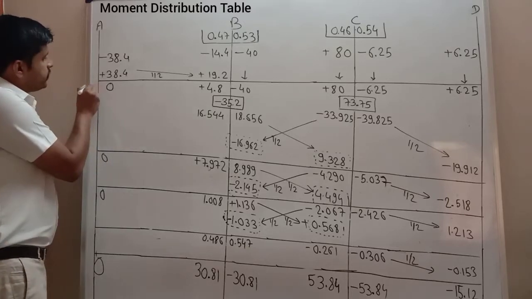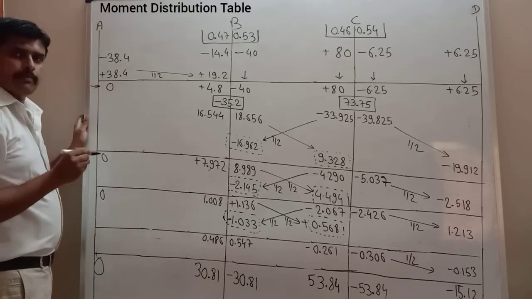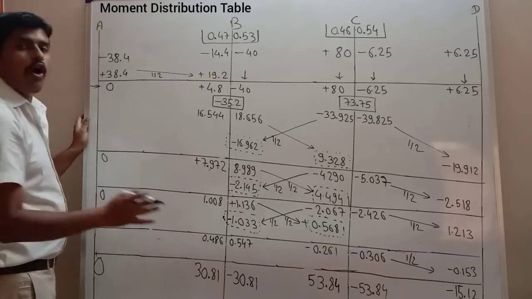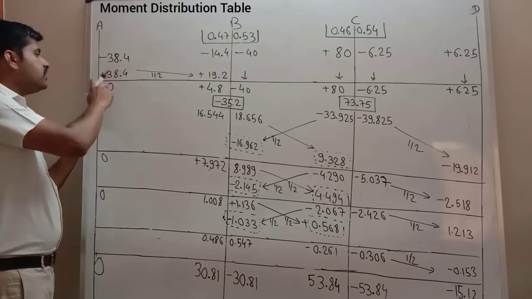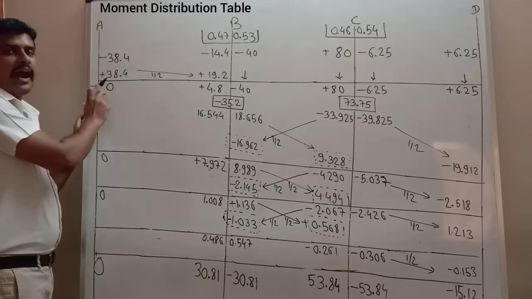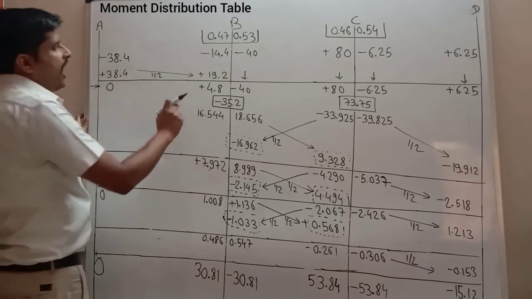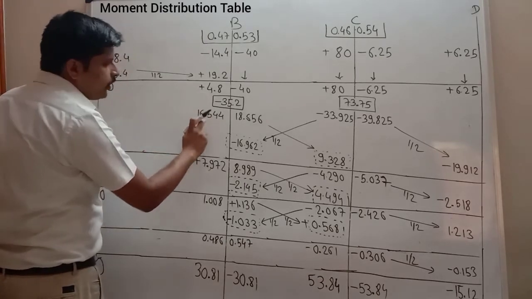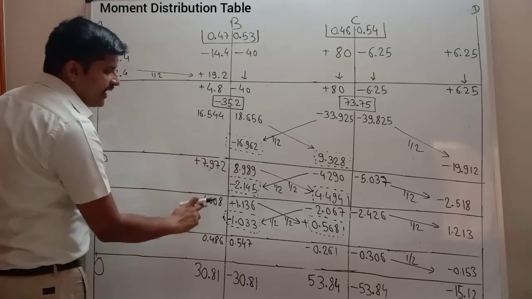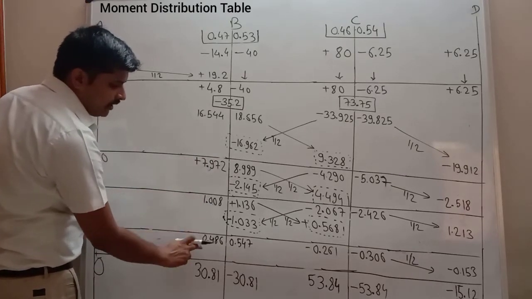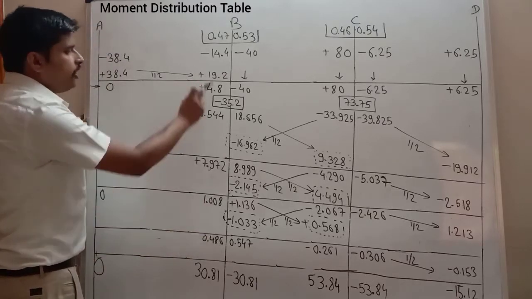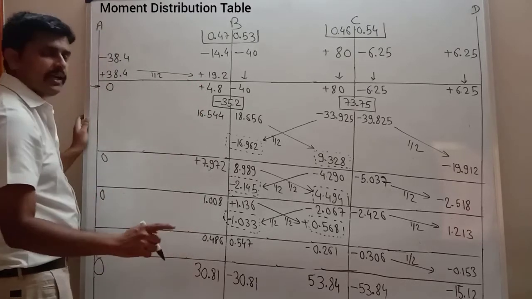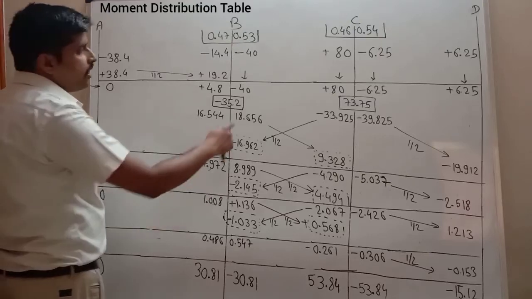From this step we have to add all the moments, because we made this moment 0 at this step. So add 4.8, 16.544, 7.972, 1.008 and 0.486. After summation of all these moments we will get plus 30.81.